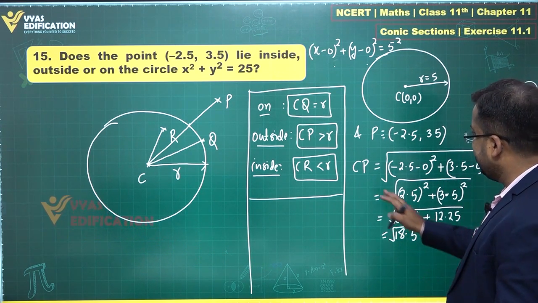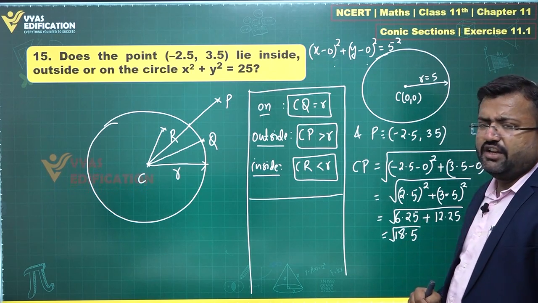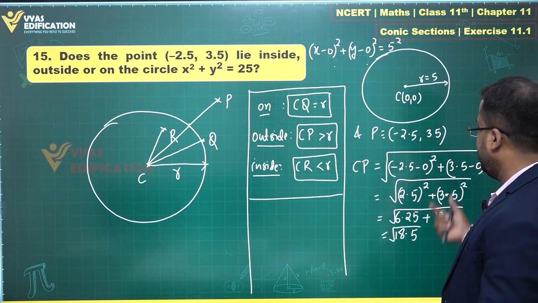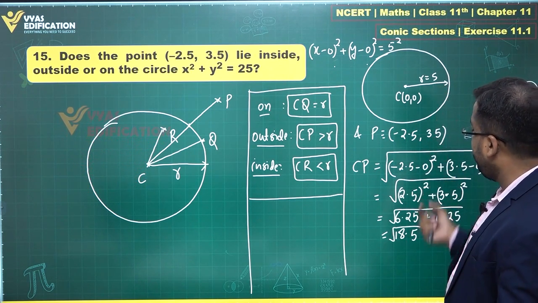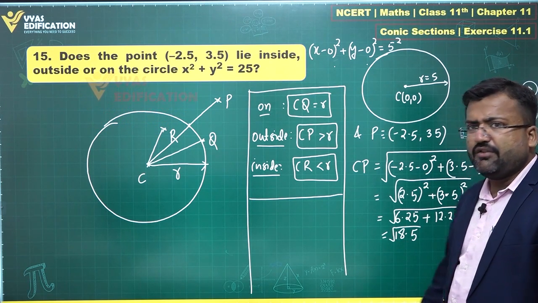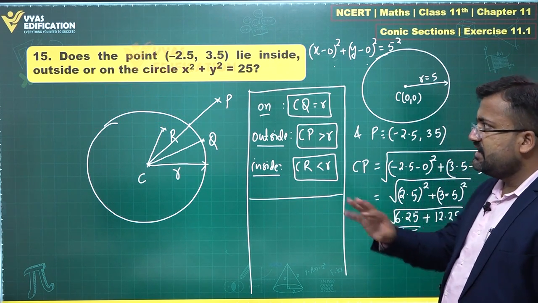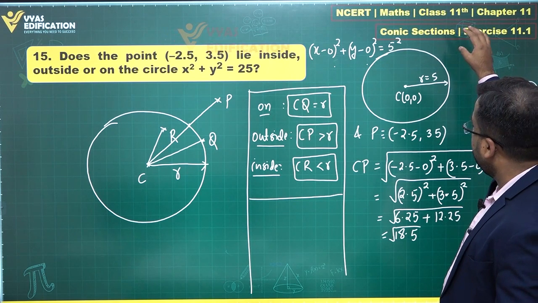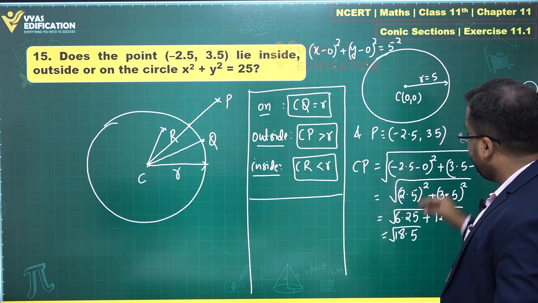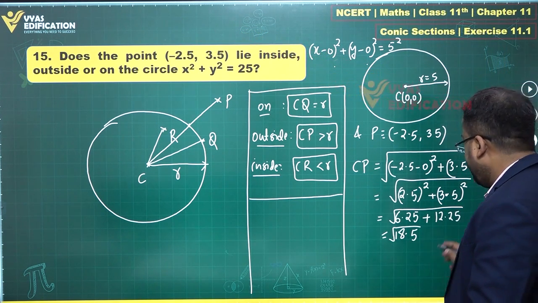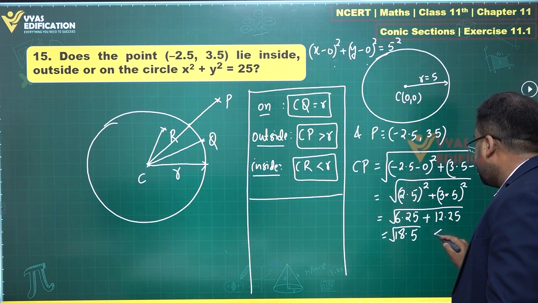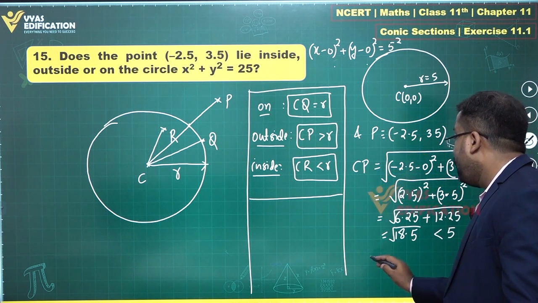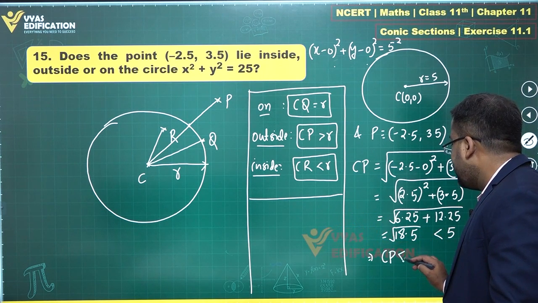Now CP, as compared to the radius, can you identify? The value of the radius is 5, and this root of 18.5, is it less than 5 or greater than 5? Just imagine 5 square is 25, so this is the root of 25, and root of 18.5 will be less than 5, right? This is somewhere around 4 point something, which is obviously less than 5. This tells me that CP is less than the radius.